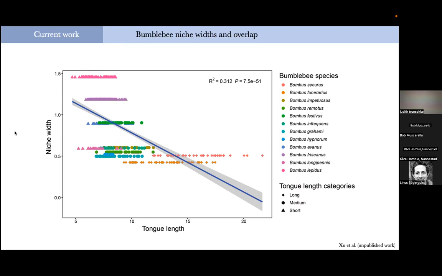So bees with longer tongues tend to have smaller niches, so they utilize fewer plant species and can thereby eventually avoid competition or specialize on certain sets of flowers, perhaps on long tube flowers with deep tubes where floral rewards are not accessible for shorter tongue bees, so they avoid competition.